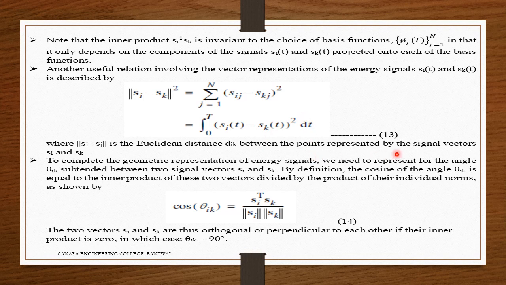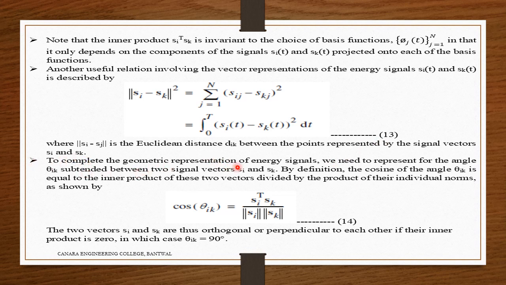This is equation 13, where mod of Si minus Sk is nothing but the Euclidean distance dik between the points represented by the signal vectors Si and Sk.